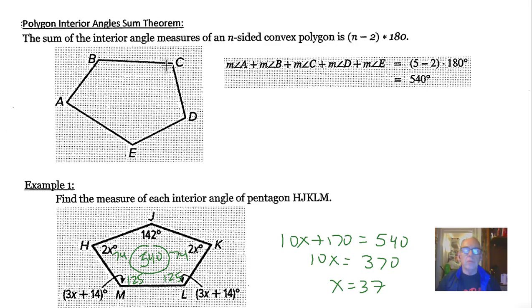So as an example, I can draw a diagonal from C to A and from C to E and break this pentagon up into 3 triangles. The original number of sides is 5. The number of triangles is 2 less than the number of sides, and each triangle has 180 degrees worth of angle measure.